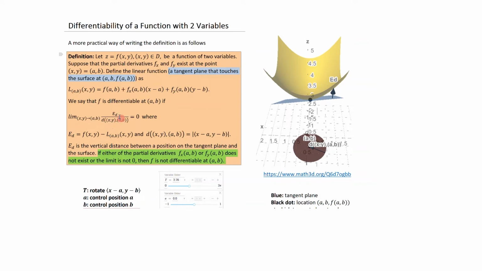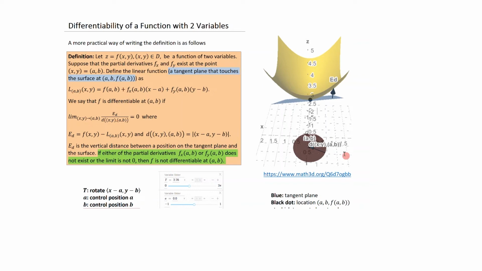And so the E here would be the difference between the function and the approximation by the tangent plane, whereas this expression D is the magnitude, that is the norm or the distance, of x minus a and y minus b.